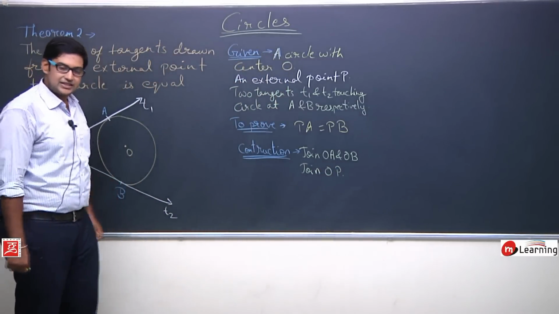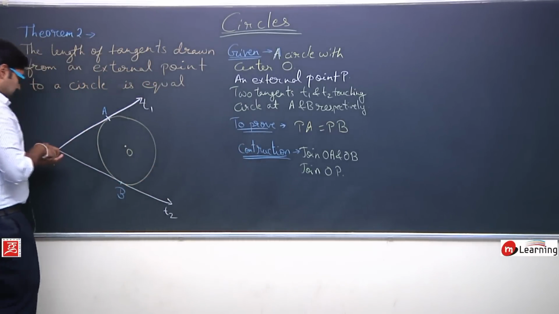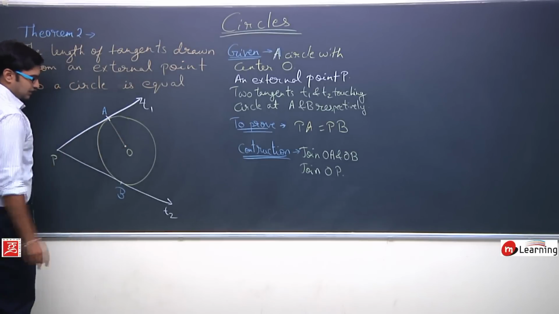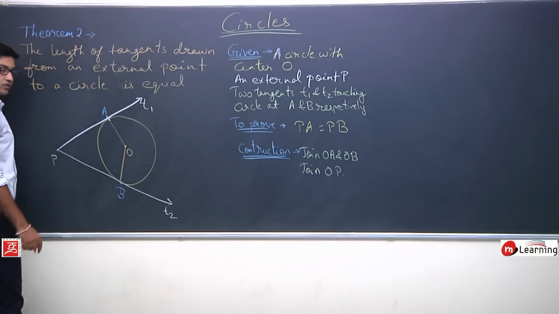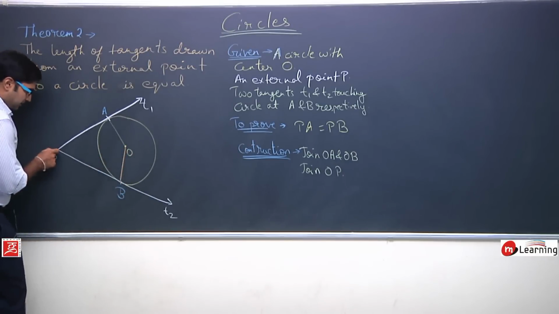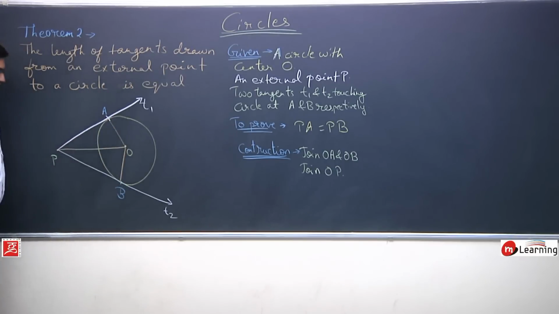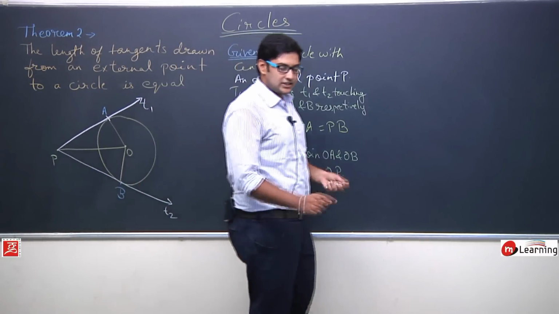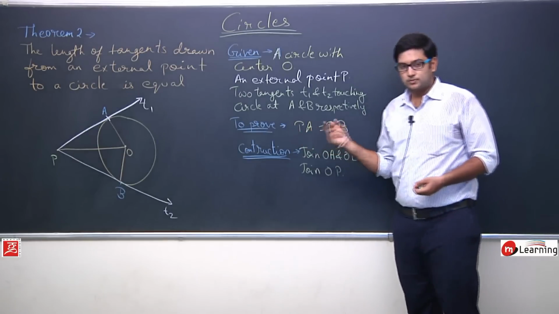Okay. So in the construction, we will join center O with this A point. Let us join this, and similarly center O with B point, like this. Okay. And then this P point with O, like this. So P point is joined to O. So this is the construction which we require to prove PA equals PB.